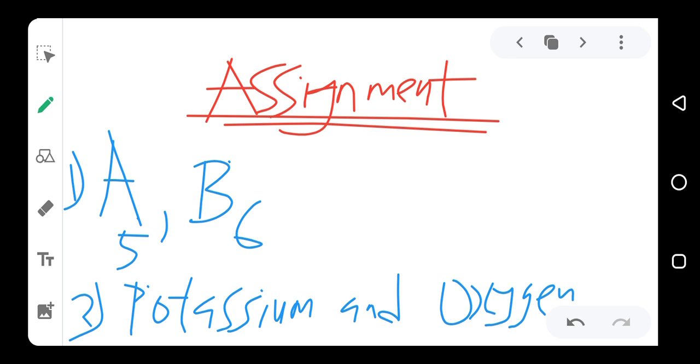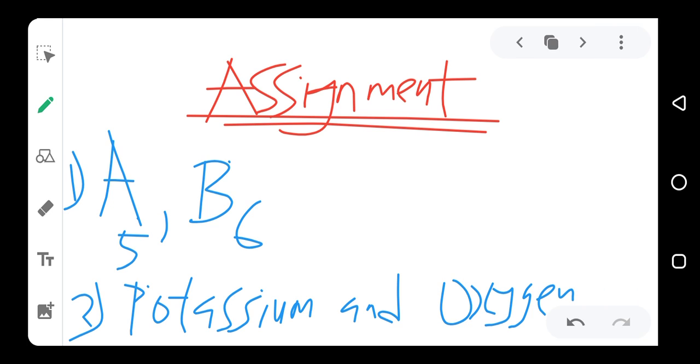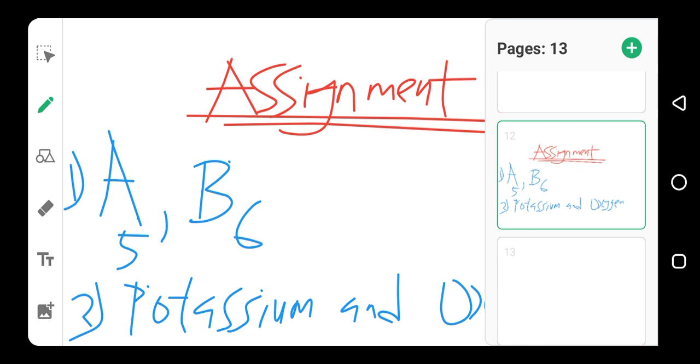When potassium and oxygen combine, get the chemical formula. Of course, I've shown you. The first thing you do is get the valency of each of them, and then from the valency, you combine.